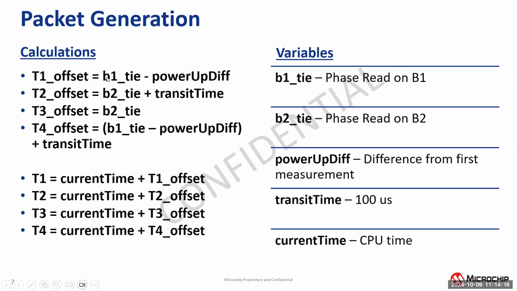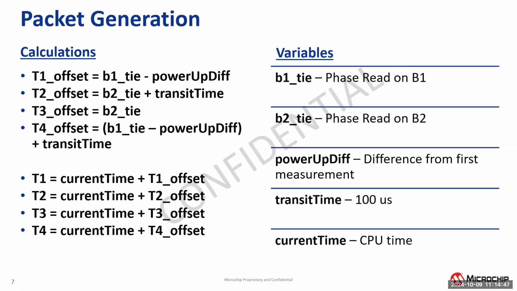So we would take the board 1 phase, subtract the power up difference, and save that as our T1 timestamp. For T2, we would take the board 2 phase and add the transit time, which was a constant. And T3 was the phase on board 2. And T4 was the phase on board 1 minus the power up difference plus the transit time.